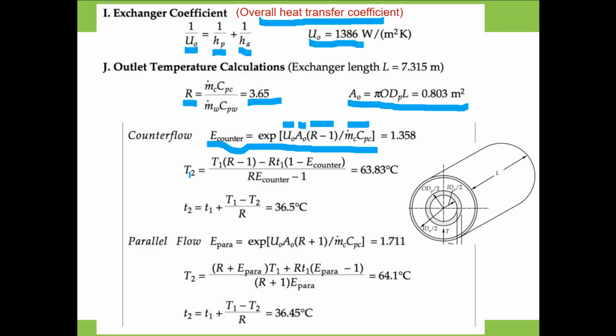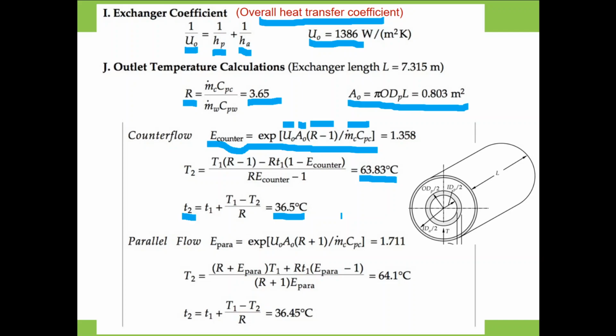So we calculate the warm fluid exit temperature, which comes out to be this value, and the cold fluid, which is ethylene glycol in this case, outlet temperature will come out to be 36.5 degrees Celsius. So now we got the final temperatures for the fluid. This is the analysis of the heat exchanger with the help of the correlations for Nusselt number.